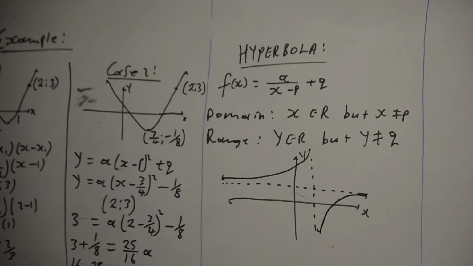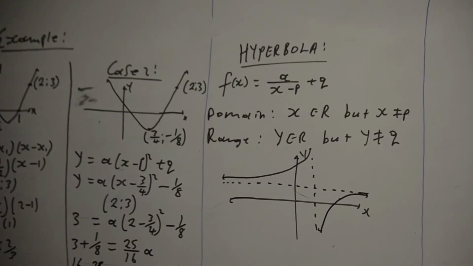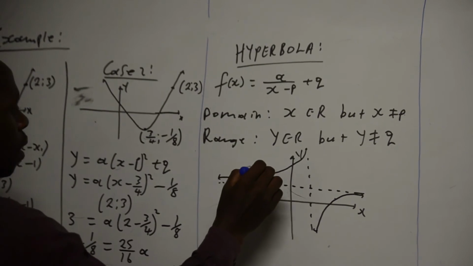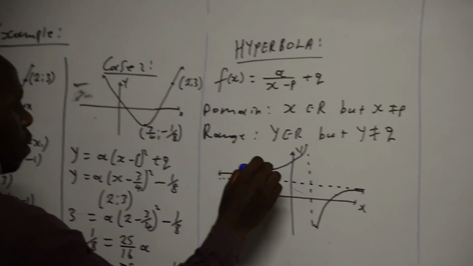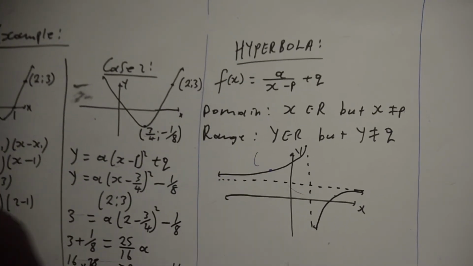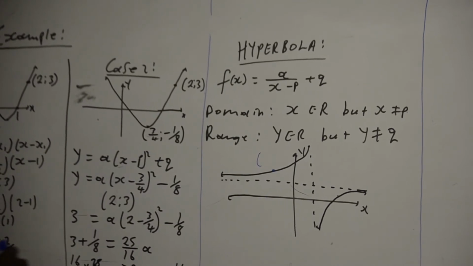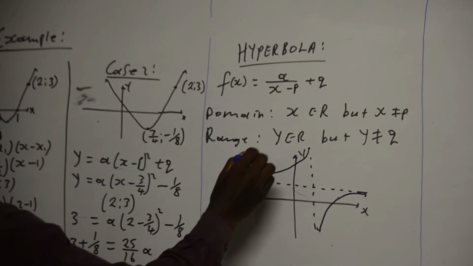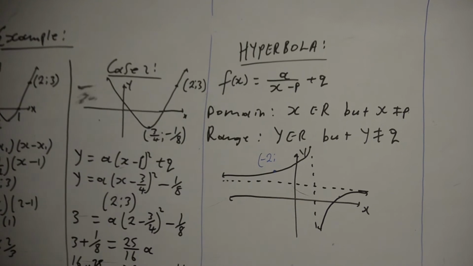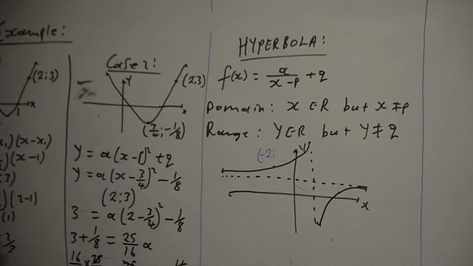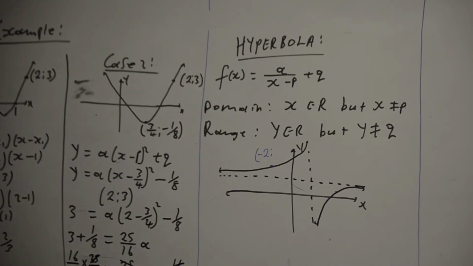Okay, so they will give you points. Let's say the point you are given is -2 is to 13/4.